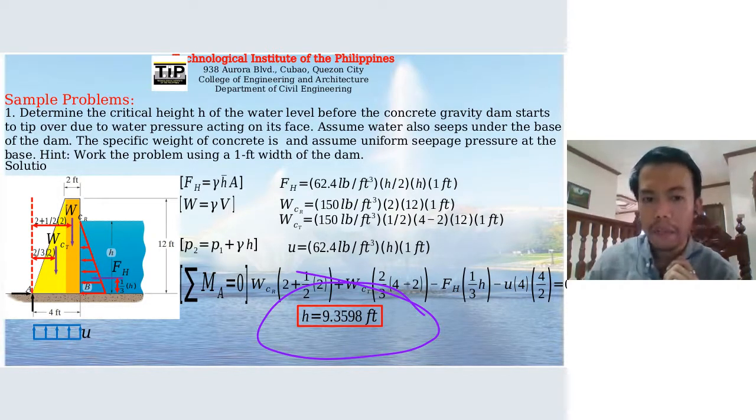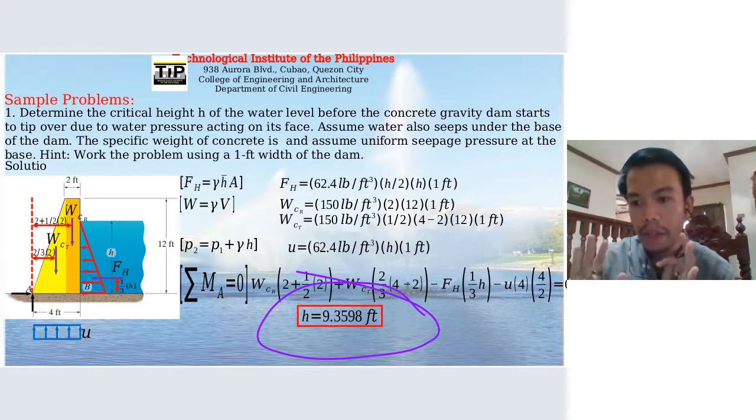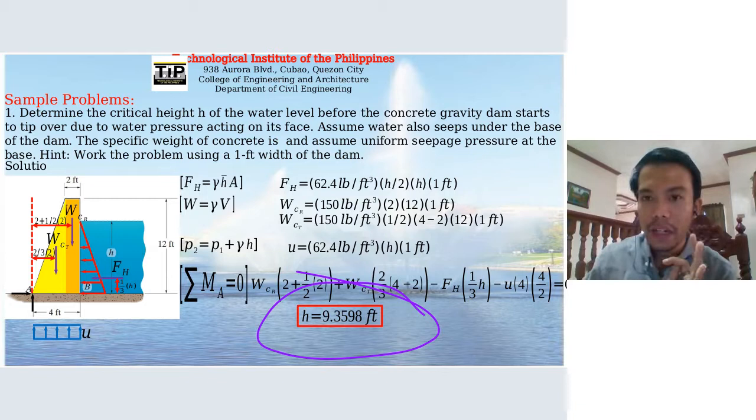And for the quiz, it is not the type that has a time limit. So, it is like a problem set assignment. And you can access it anytime, you can answer it as long as it is not yet the deadline. So, that's the quiz for module 4.